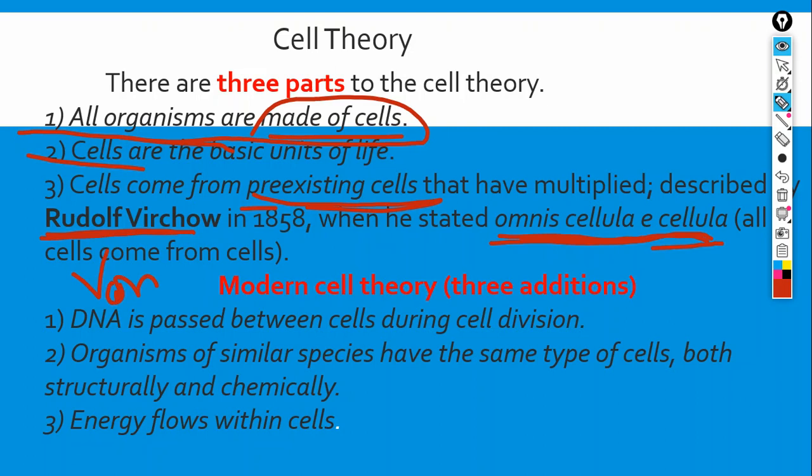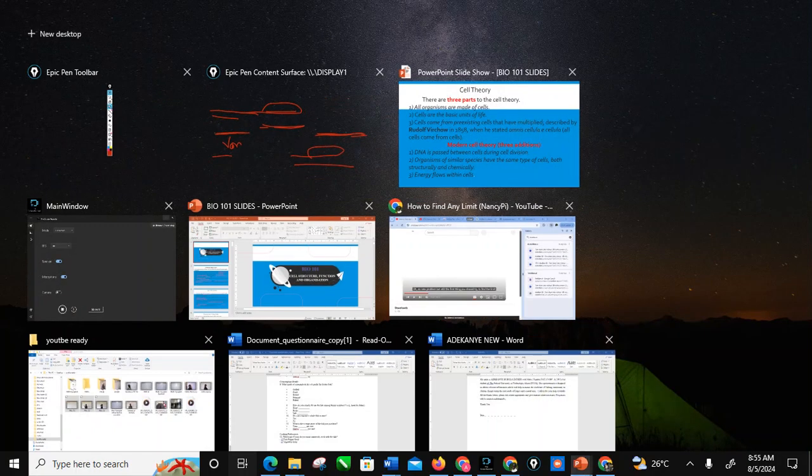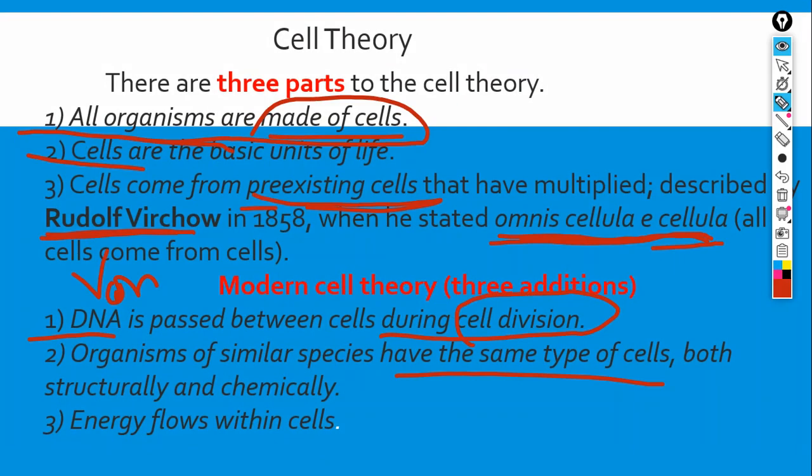Now, the modern cell theory. There are three additions, which we call the modern cell theory. The first is that DNA is passed between cells during cell division, so DNA is replicated and passed to the next generation. Next, organisms of similar species have the same types of cells, both structurally and chemically.